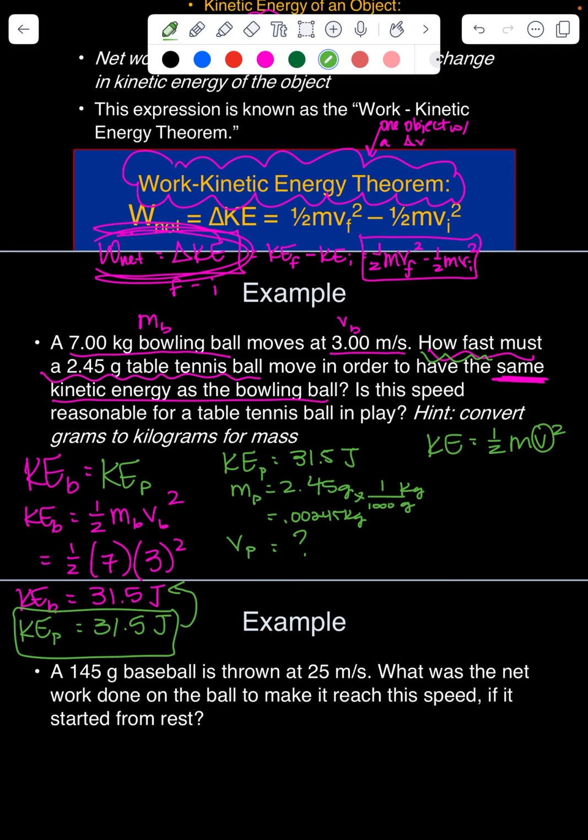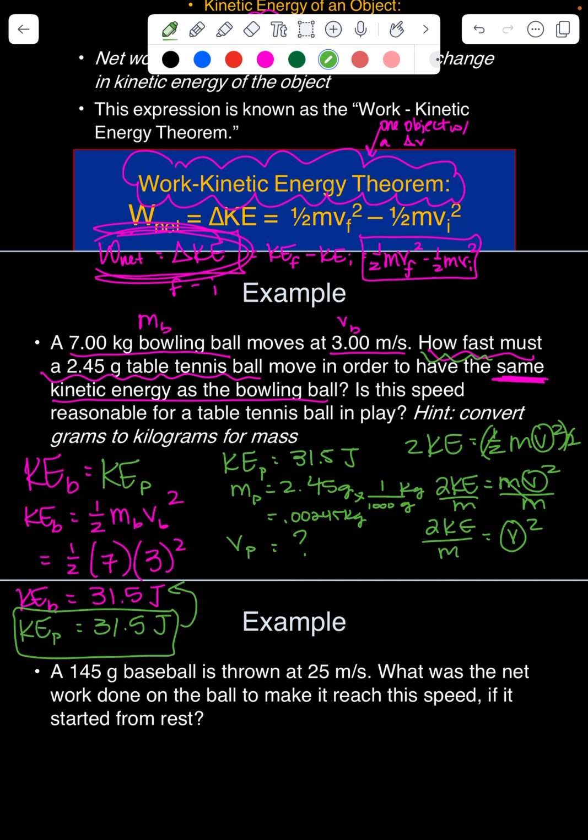We can get rid of that 1/2 first by multiplying by its reciprocal. So I'm going to multiply both sides by 2. That gives me 2 times the kinetic energy is equal to mv squared. Still solving for v, I can get rid of mass now by dividing both sides by it. So that's going to give us 2 times the kinetic energy divided by our mass is equal to our velocity squared.